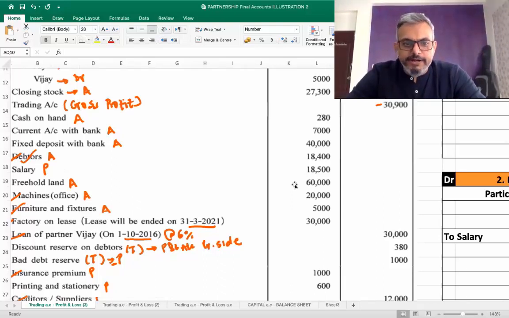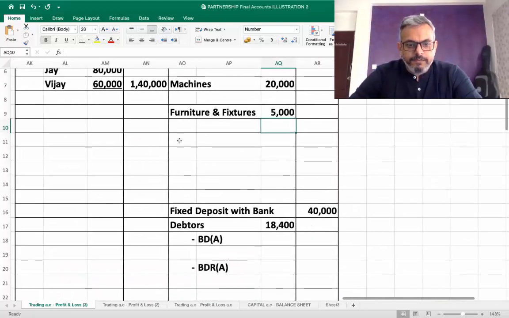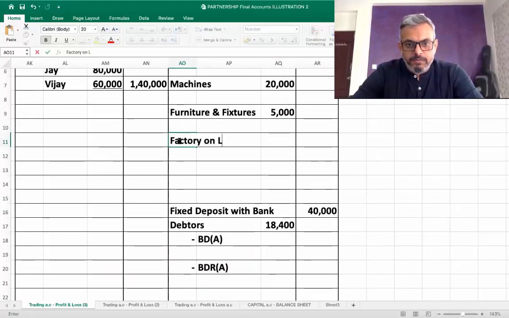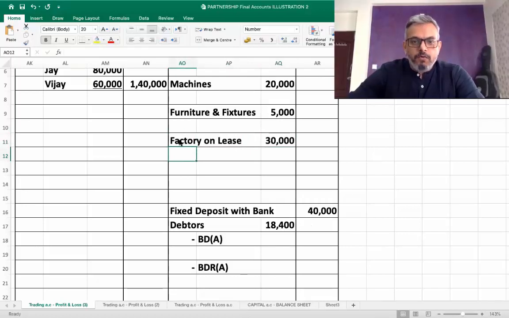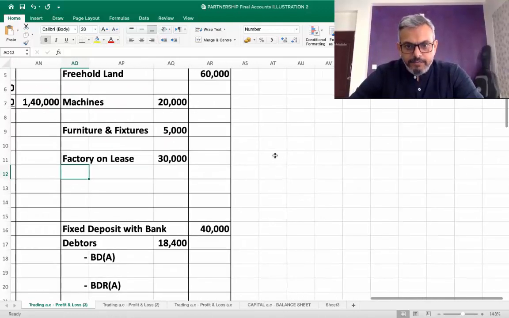So anything related to manufacturing will go to trading account. Now let's write factory on lease first, 30,000. Now, lease date. Let's do some working.